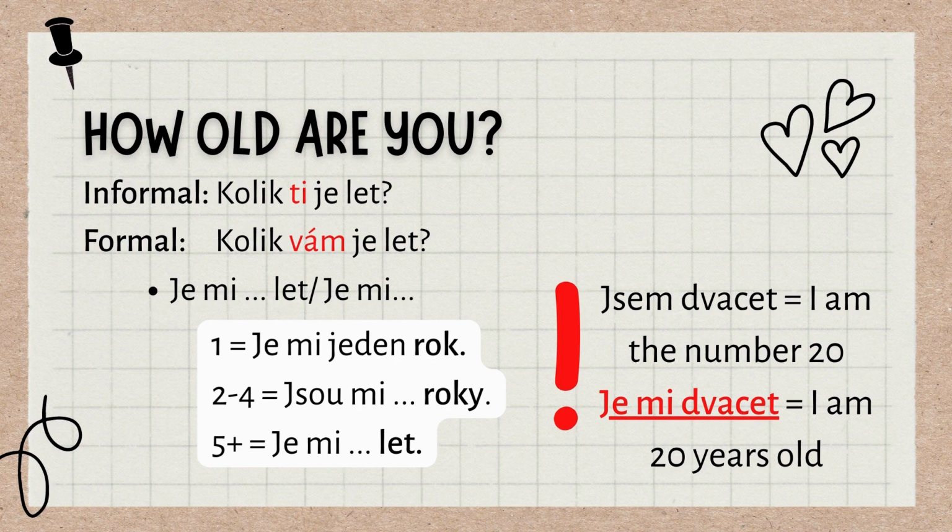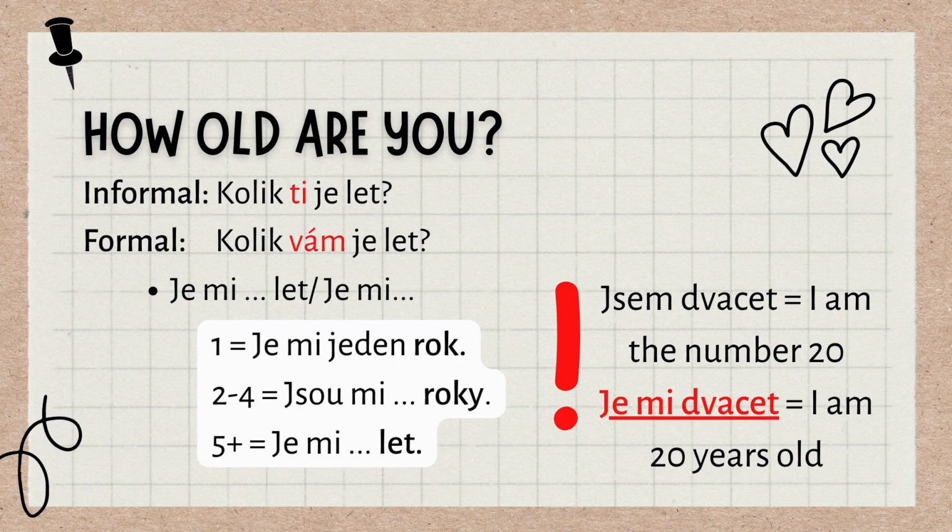Je mi 6 let. Je mi 30 let. Je mi 90 let. It's the same, etc., etc. Rok means a year. Roky means years. And léta, or in this case you use it's let, means years, but it's more like a bigger amount of years.